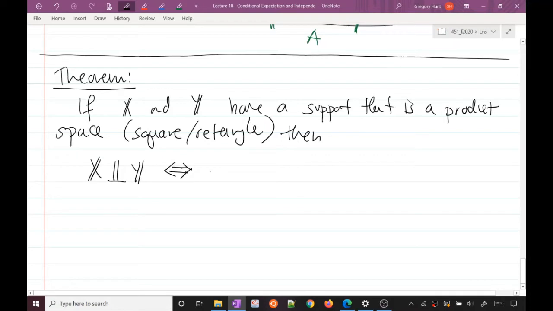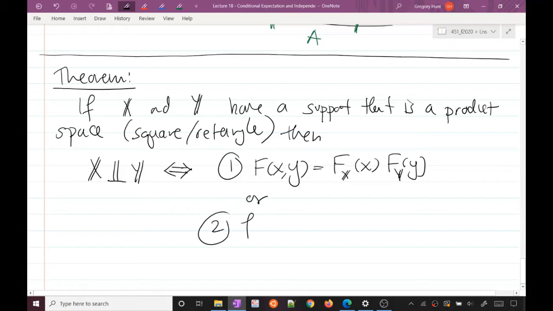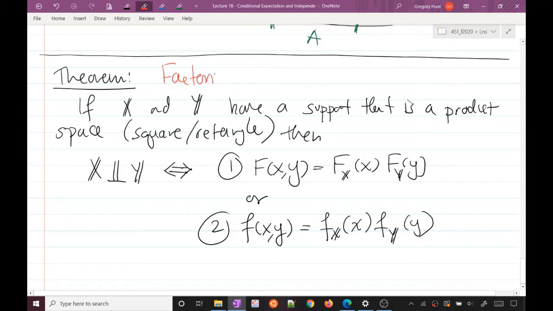so x and y have a support that's a square, a rectangle, a product space. X is independent of y if and only if either, one, I can factor the joint CDF F of xy as the CDF of x times the marginal CDF of y, or I can factor the joint PMF or PDF as the product of the marginal PMFs or PDFs. So often this is called the factorization theorem.